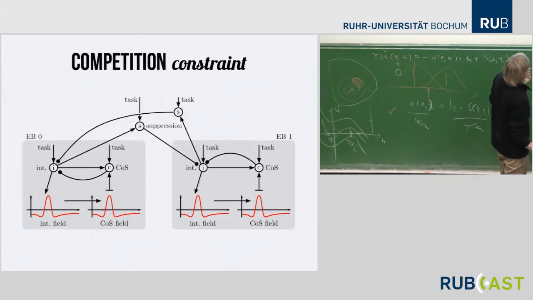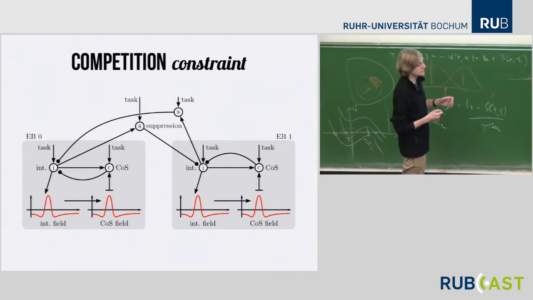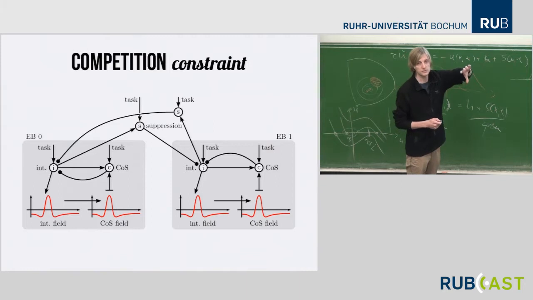This is precondition. And then we also have suppression or competition. This is a bit different. This expresses that when one of these behaviors is active, the other one can't be. So they basically suppress the other one, right? And let's say you only want this behavior to suppress this one on the right here.